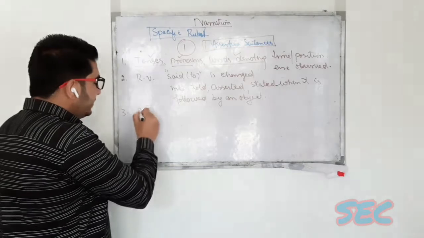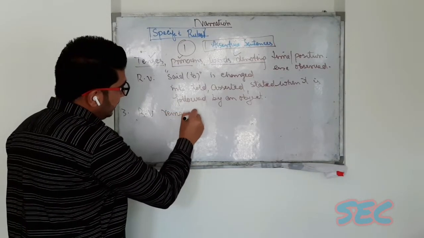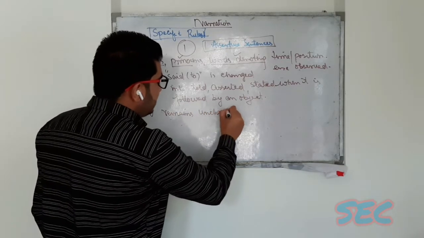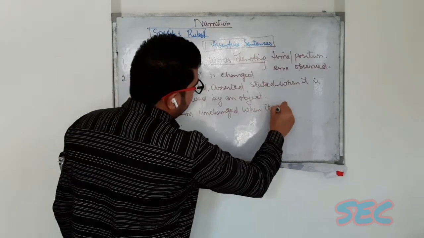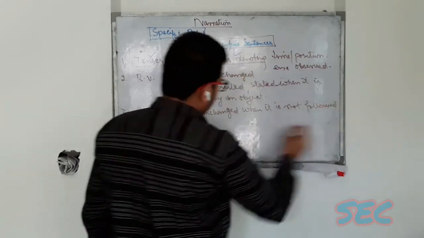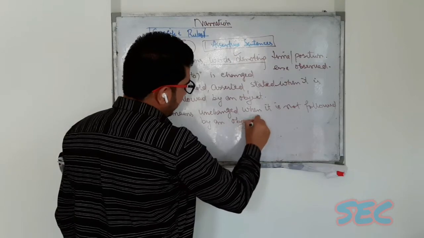Rule number third is the reporting verb remains unchanged when it is not followed by an object.